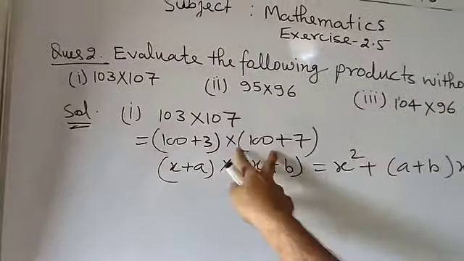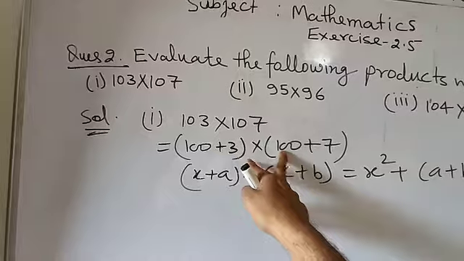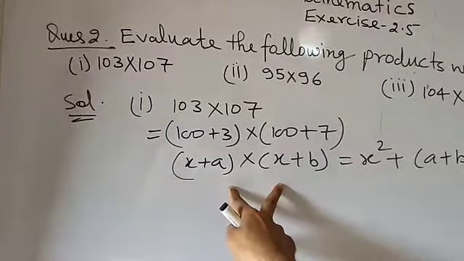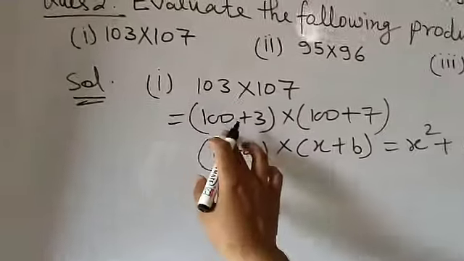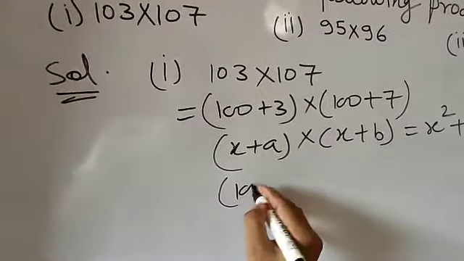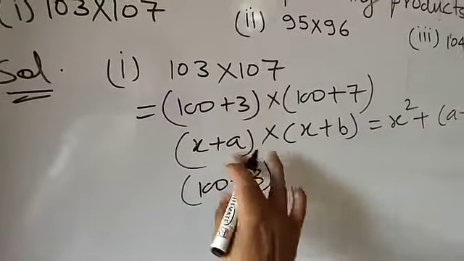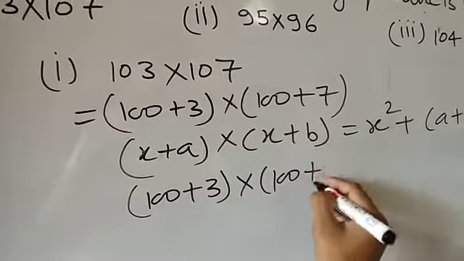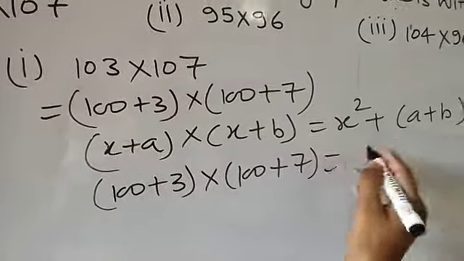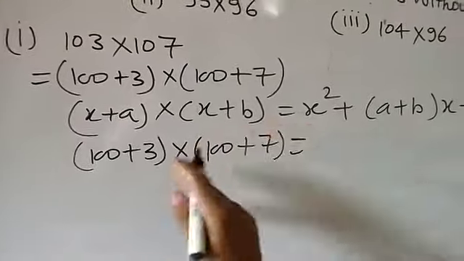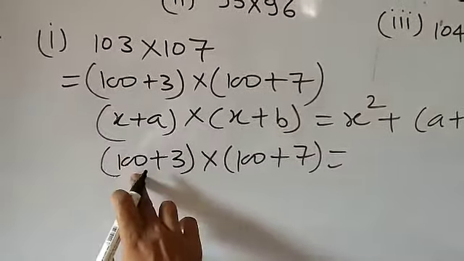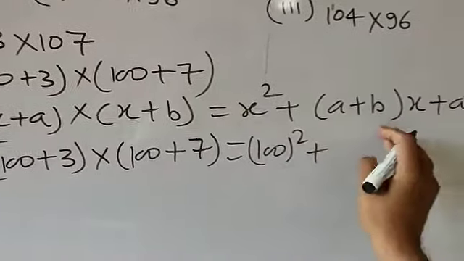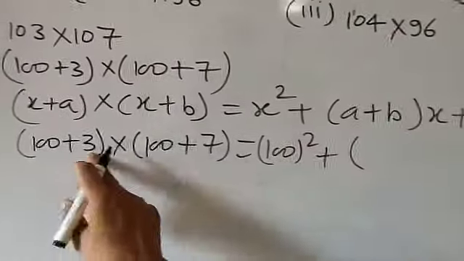The reason is that in both brackets the first value is the same and the second value differs. Now at the place of x you get 100, at the place of a you get 3, and at the place of b 7. So if you use that identity, it can be written as x square, and here x is 100, so it will be 100 square plus a plus b. So a plus b, a is 3, b is 7.